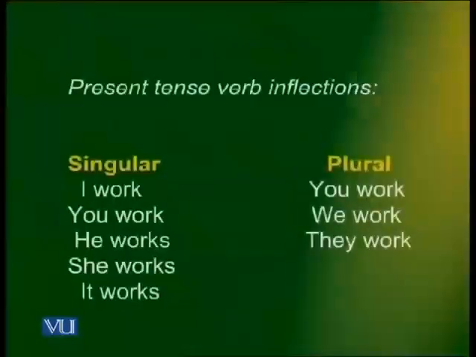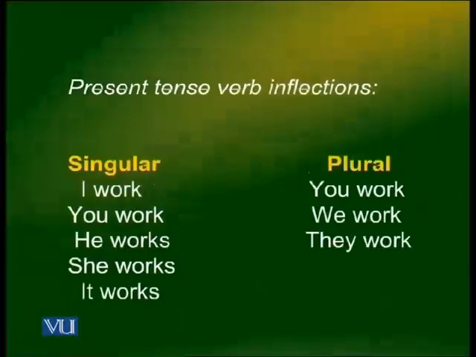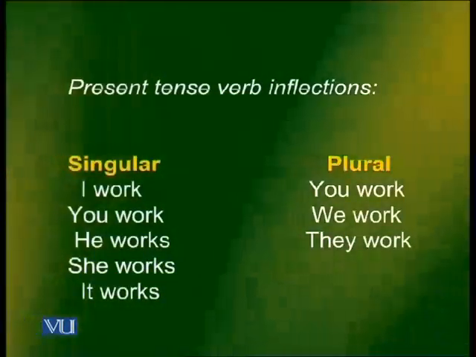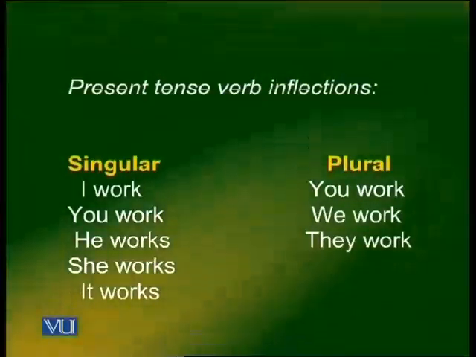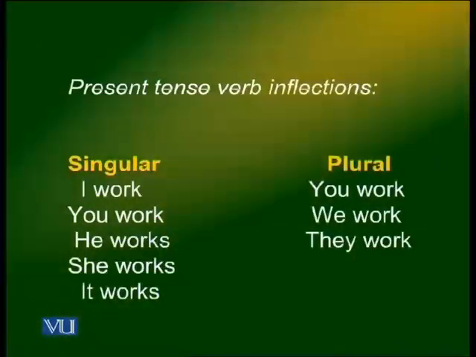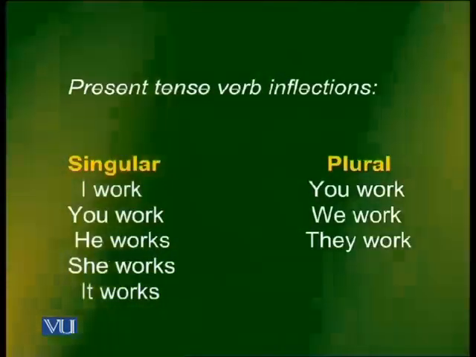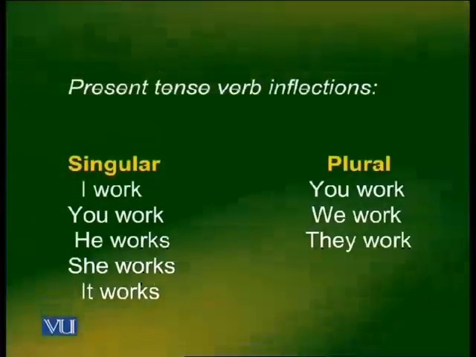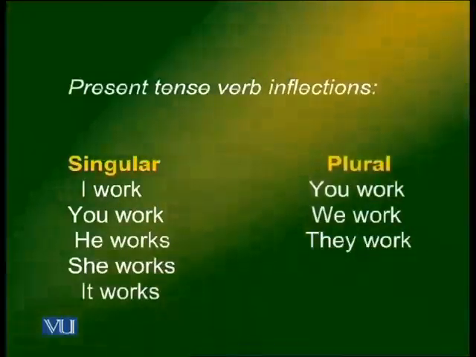Look at this table and you will notice the present tense pattern of the verbs. In the singular, it is I work, you work, he works, she works, and it works. In the plural, it is you work, we work, and they work.